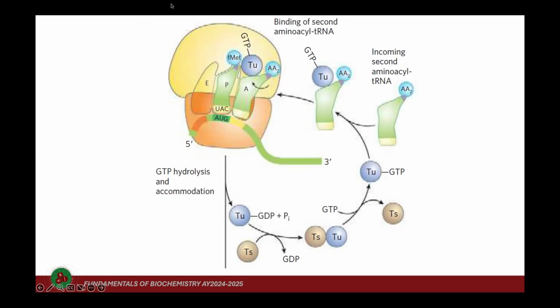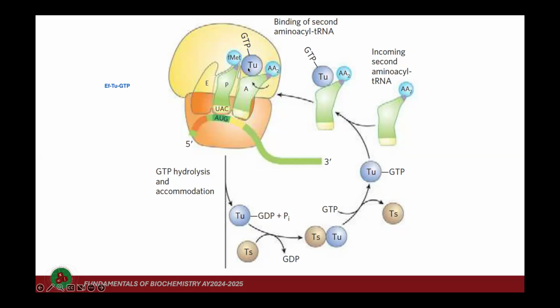It's EFTU actually, to be more exact. It's an elongation factor. It's EFTU with a bound GTP. So this guides the binding of the correct tRNA to the A site. So you have there the second amino acid of your polypeptide.